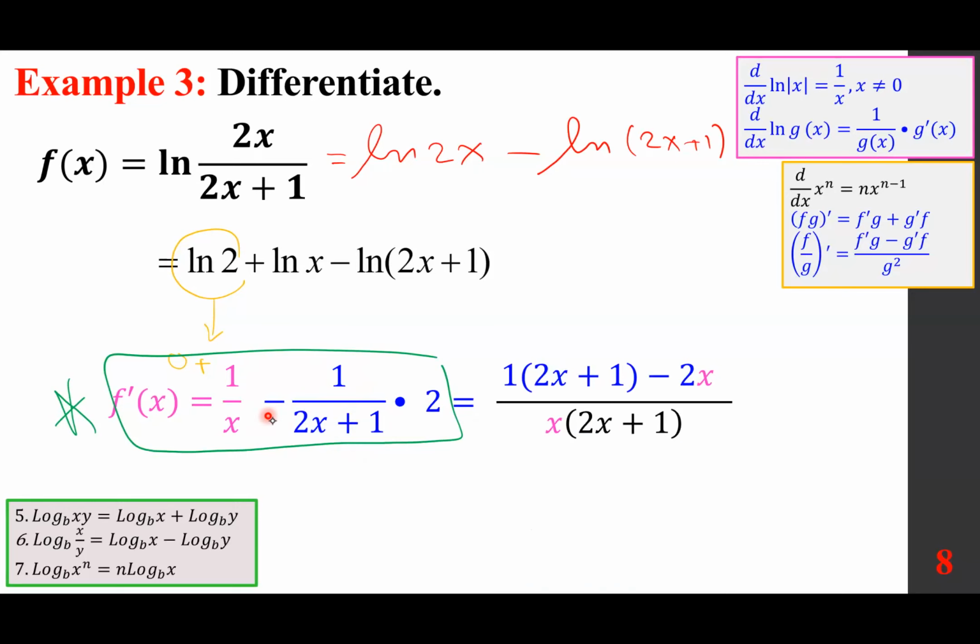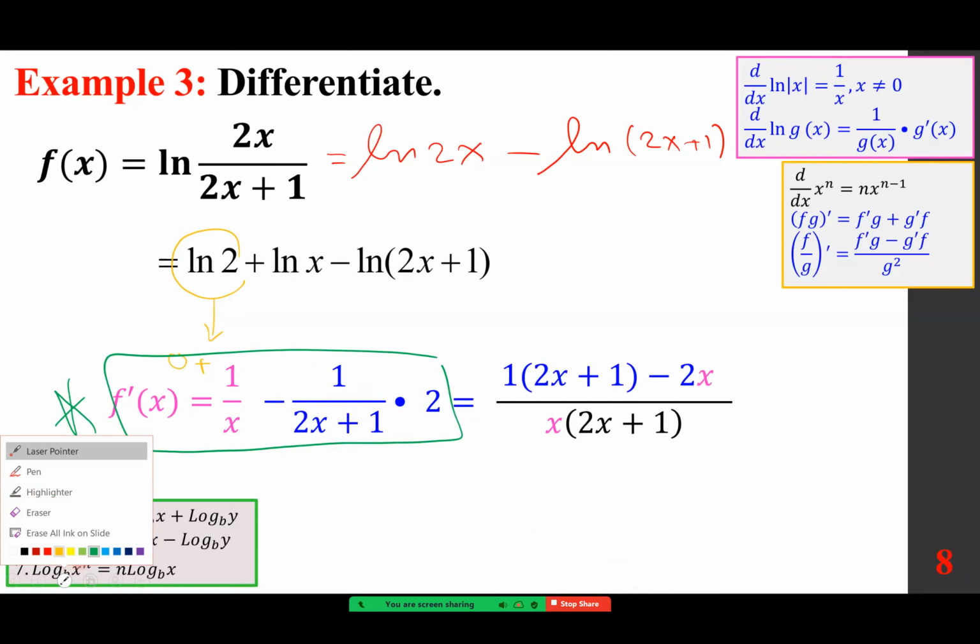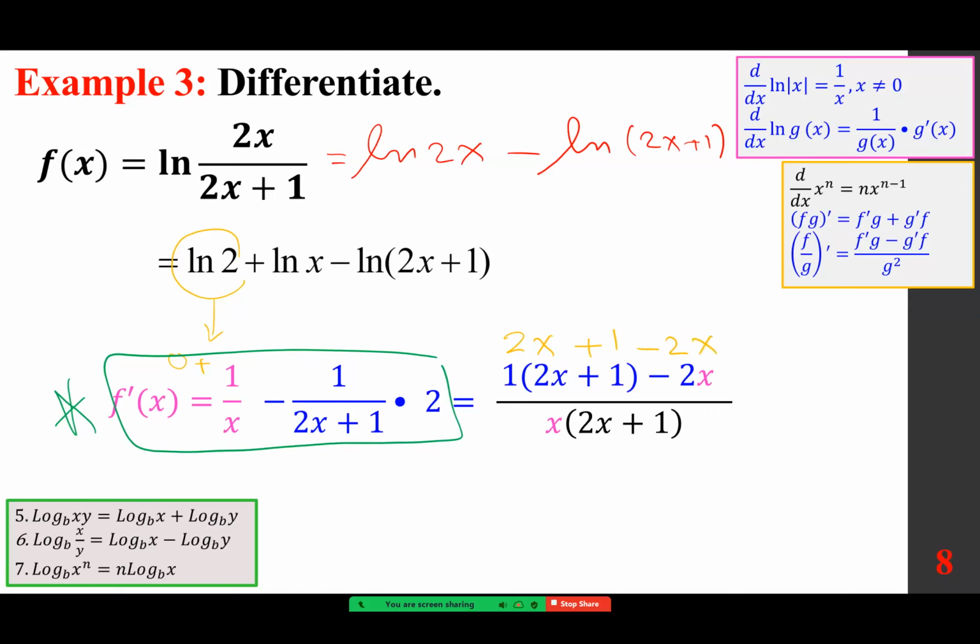All you have to do is simplify the numerator and you're done. Let's do that. This is 2x plus 1 minus 2x. I can get rid of these 2, and the numerator becomes just 1. And we are done, everybody.